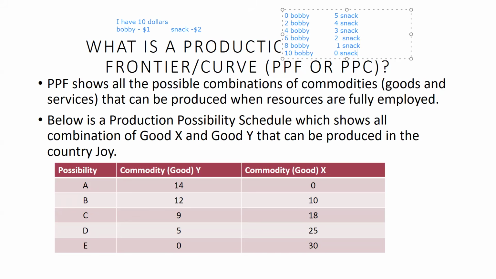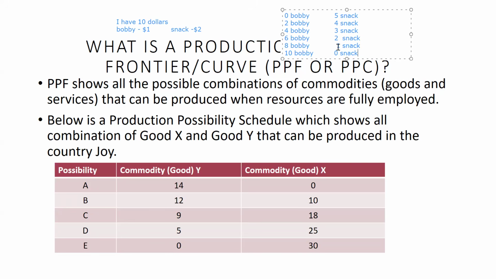To get those 2 bobbies, we had to give up one of the snacks. And that 1 snack that we gave up would have been the opportunity cost. So you're seeing the connection between the production possibility curve, choice, and opportunity cost. Good.